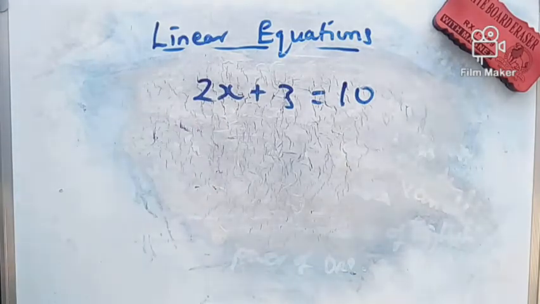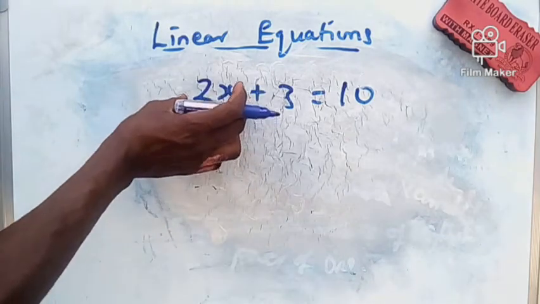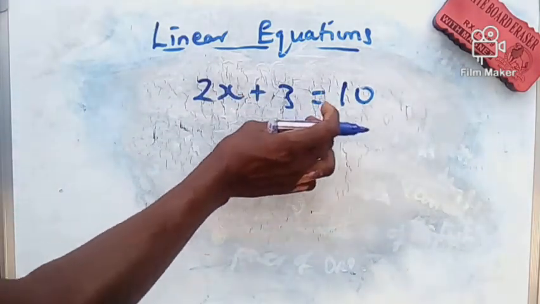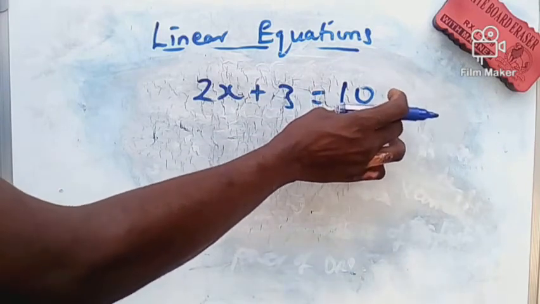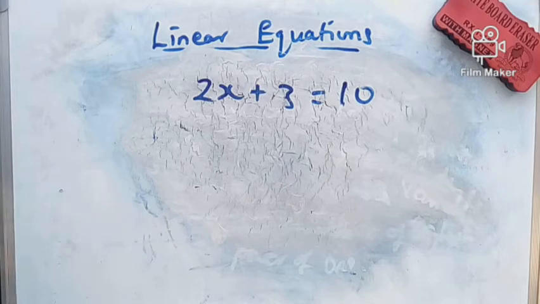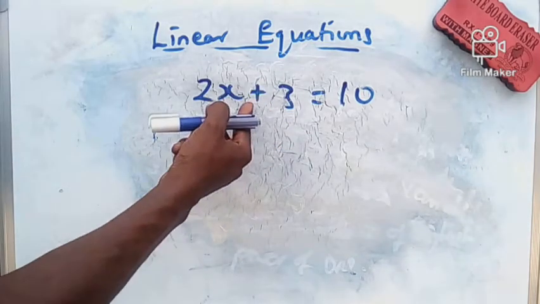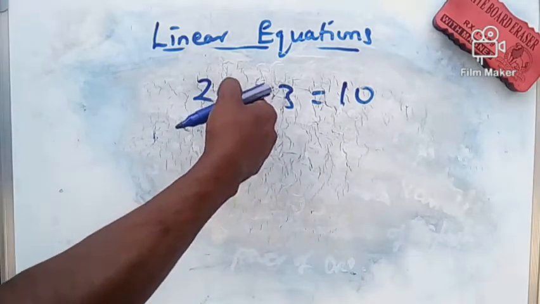So to solve this problem, I need to collect the like terms. 2x is the only guy here, so I don't have any problem with him. He will stay here. But 3 should go and meet who? 10. So to eliminate this 3, what do I do? I will employ the opposite operation that is holding 3 here. And what is that? Negative 3. So I will introduce negative 3 here.